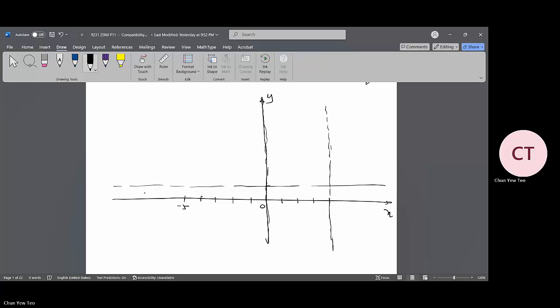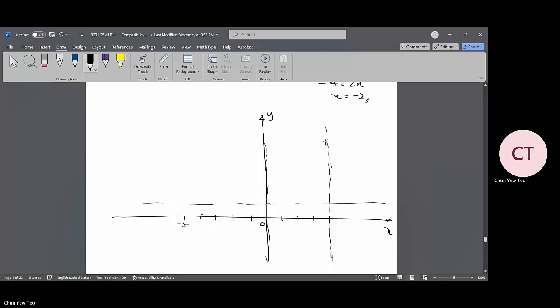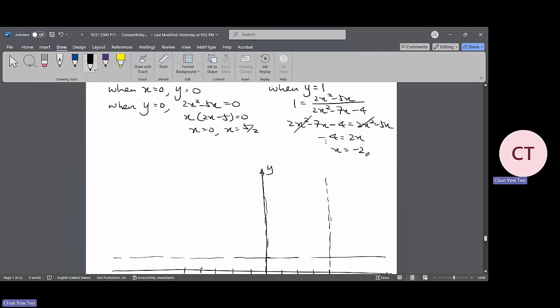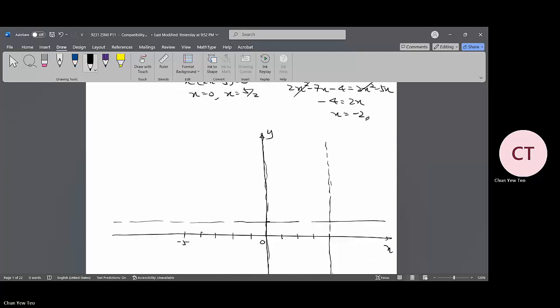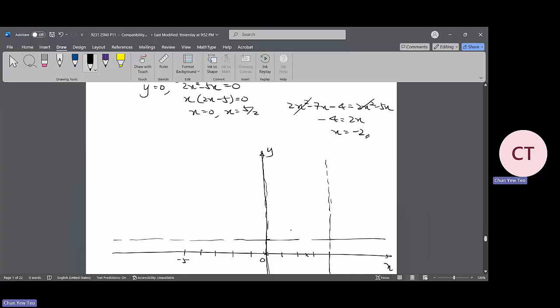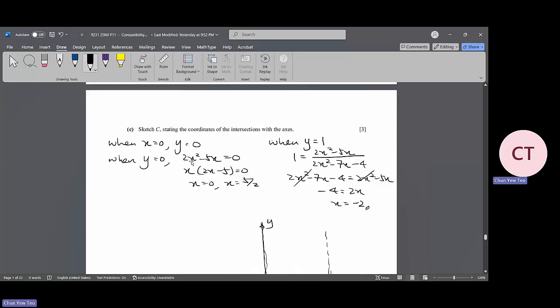Okay. Then your intercept 0, 0. Okay. 5 over 2. That means it's 2.5 here. Your point, x is -2, your y is 1. Okay. So we have passed through this point, and this point. Then what else? You have a maximum point, minimum point.